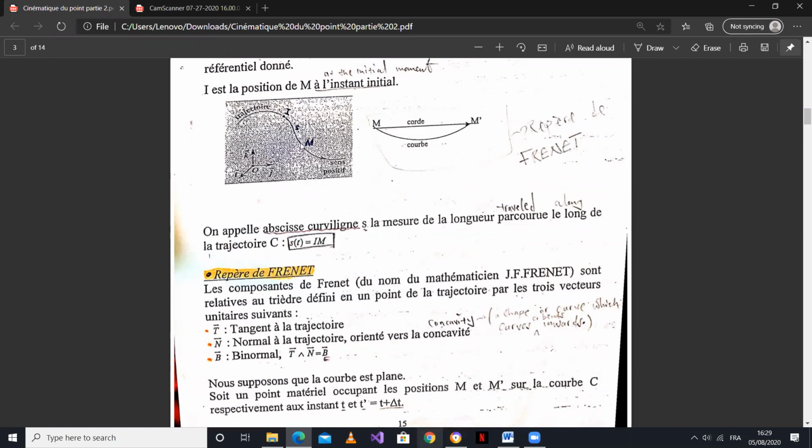So let's say I have M and I have M prime, very close to each other. As I told you, when you try to draw the chord MM prime, it's just going to be the same as the arc. You're not going to be able to see the difference between the arc and the chord because the two points are so close to each other.